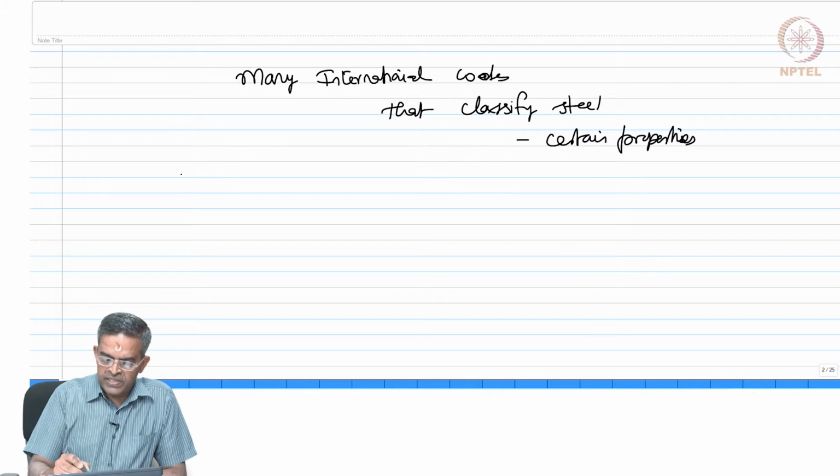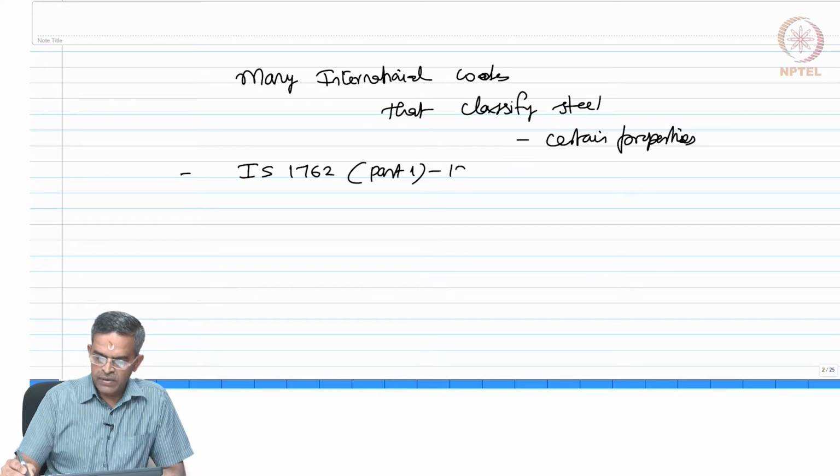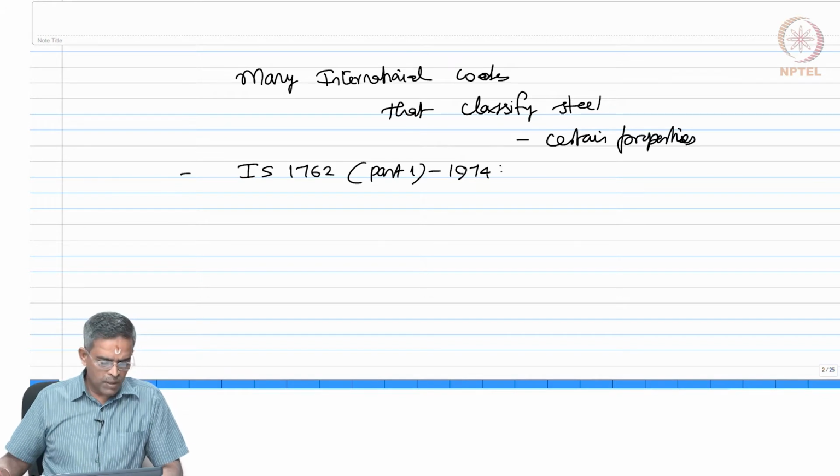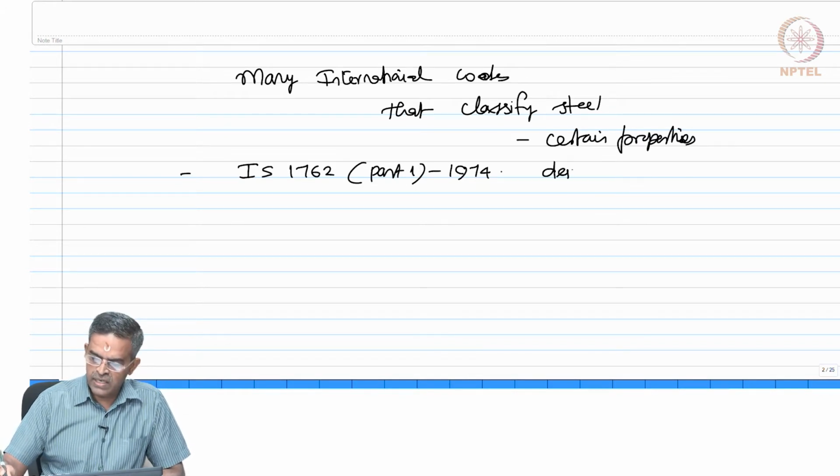In fact, to make a special emphasis, Indian Code 1762 Part 1 1974 also helps us to designate steel for construction purposes.